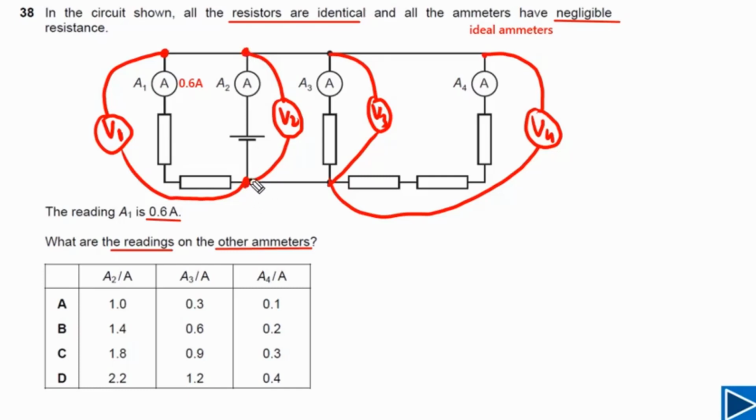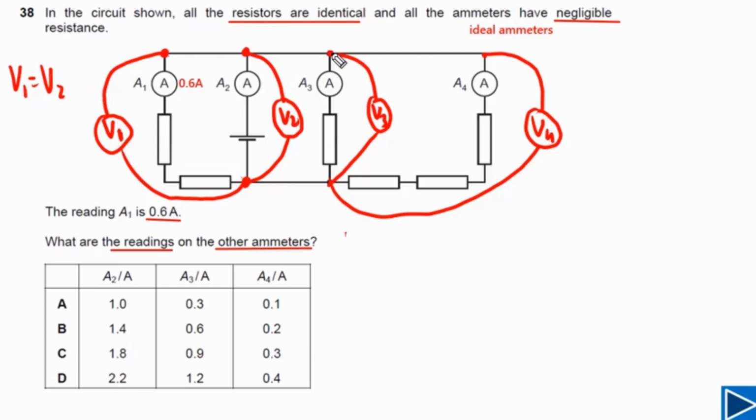So the potential difference across these two branches is the same because this point is at the same potential as this one, and this point is a common point among these two voltmeters. So V1 is equal to V2, because we are finding the potential difference between the same two points for V1 and also V2.